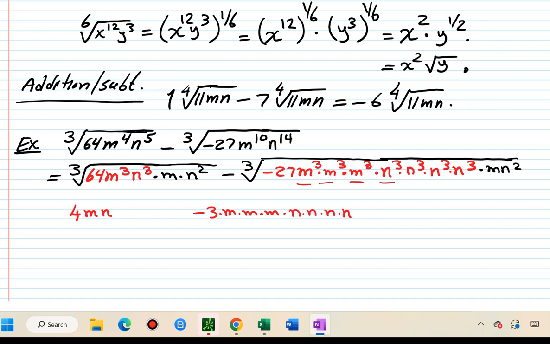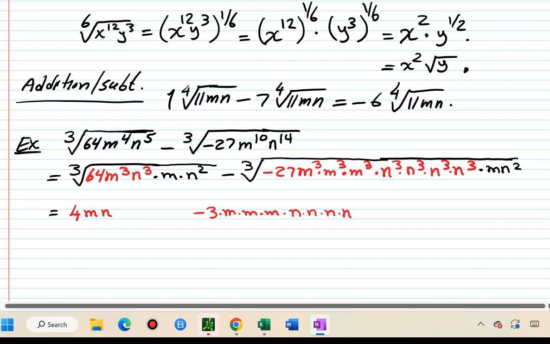And I'll show you after I'm done with this one how we really do this, because if the exponents are large, we really don't want to do it this way. It just takes too much space and takes too long. But this will illustrate what we're about to do and why it works.